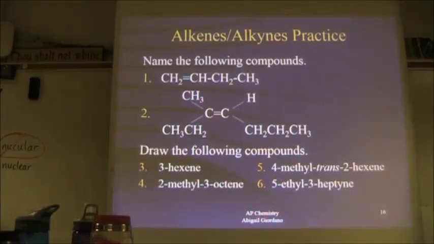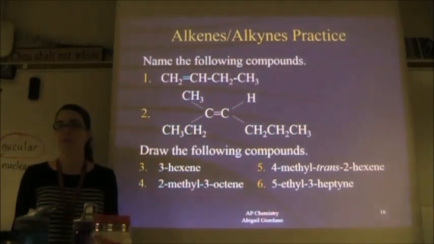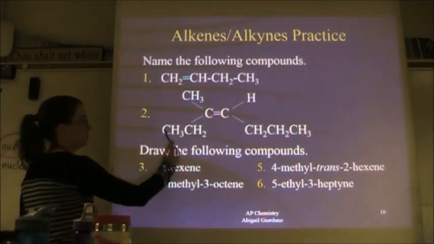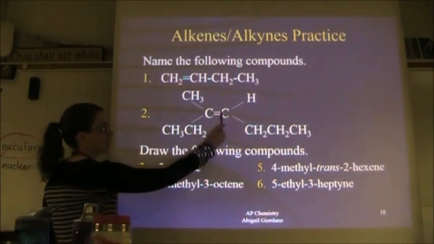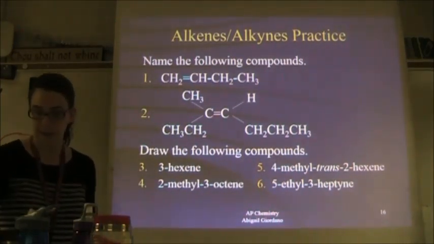Find the longest carbon chain. If the hydrogens are bothering you, ignore them. How many carbons are in the longest chain? 2, 7. Make up your minds. I hear 2, 6, 7, 7. Look. 1, 2, 3, 4, 5, 6, 7. Okay?